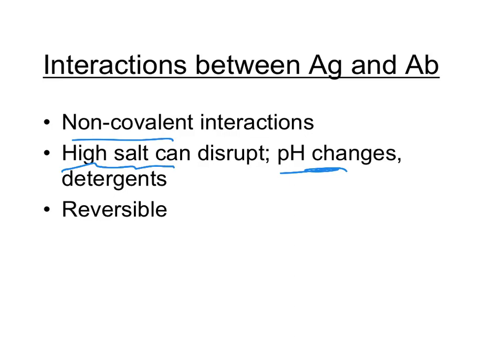To break these bonds, you don't have to do all that much. Detergents will undo them. And to be honest with you, once you start messing around, detergents, high salt, and pH can also denature the proteins. But binding between antigens and antibodies is reversible, and it depends on the strength or the affinity of those interactions, how long they will stay together.